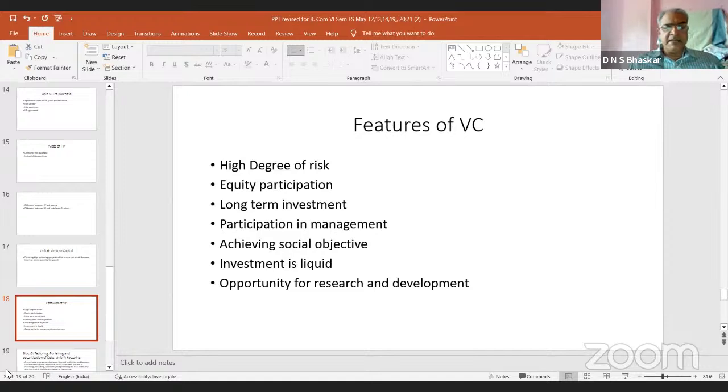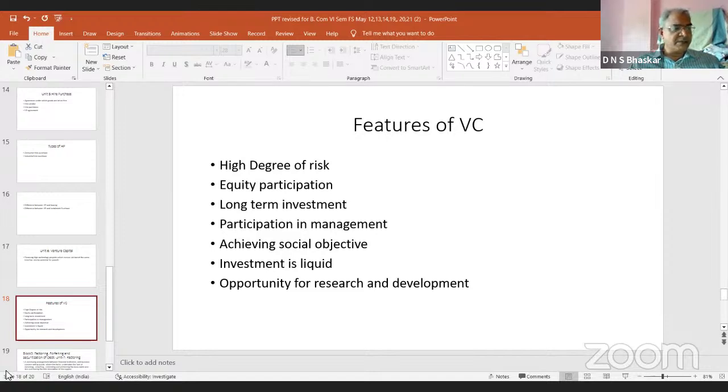Then participation in the management. Almost every venture capitalist, the person providing finance to a small scale business enterprise in the setup of venture capital, will participate in the managerial decision making process. Then achieving the social objective. Venture capital organizations are held for the purpose of developing social obligation.